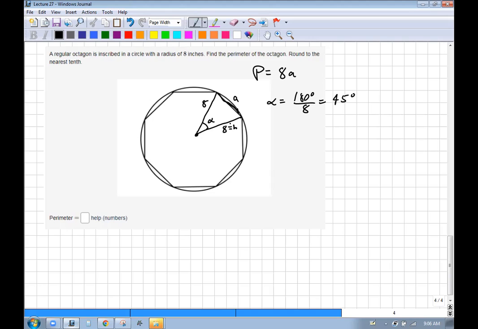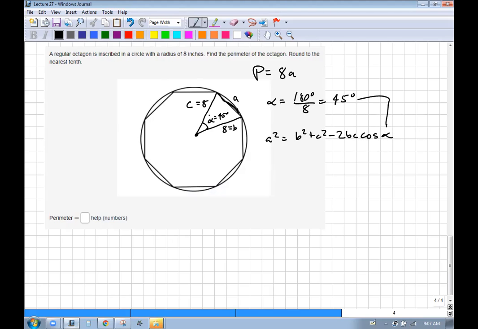If I call this B and I call this C, this is 45. Since I know everything over here, I could figure out what A is. A squared equals B squared plus C squared minus 2BC cosine alpha.